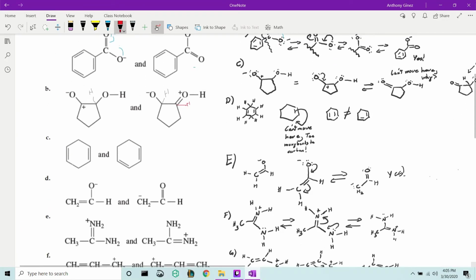Moving on to D, we see again the same problem. There are two hydrogens here that are not accounted for, whereas between these two species there's only one, which allows for some electron mobility, but this compound would not allow for resonance structure, as also illustrated here.